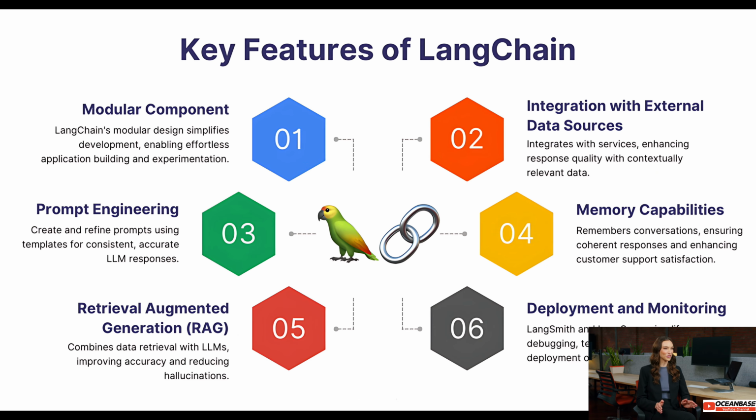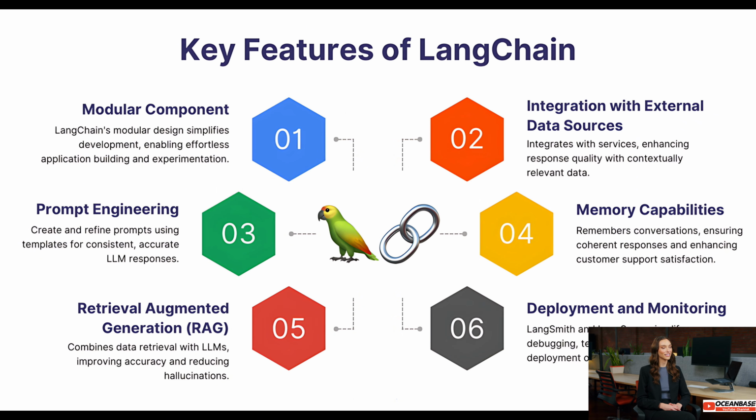LangChain comes with a bunch of useful features that make it easier to build real LLM applications. First, it's built around modular components like prompts, retrievers, chains, and tools, so you can pick what you need and plug things together easily. It also supports external data sources, so your model isn't just guessing from its training, it can pull in real, up-to-date information. You get tools for prompt engineering, which help you structure inputs clearly and consistently.